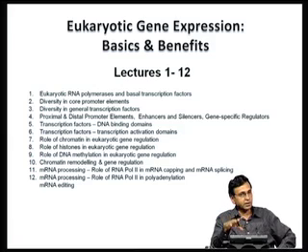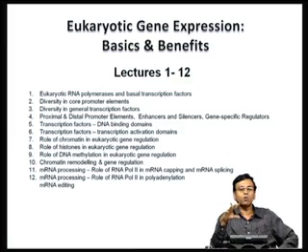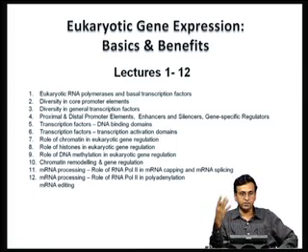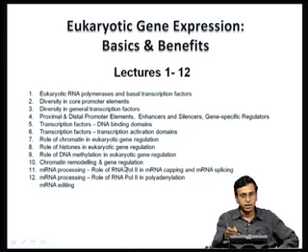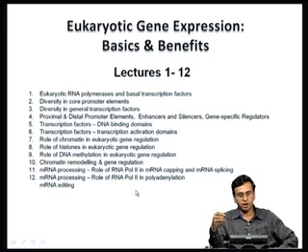Now, this is the 12th lecture in this particular course, so from lecture 1 to lecture 12, primarily we have focused our attention on the synthesis of messenger RNA, and how messenger RNA synthesis is regulated inside the cells. We started from basal transcription factors and promoter elements, we discussed transcription factors, then the role of chromatin, then epigenetic regulation, and in the last two classes what kind of processing that mRNA undergoes.